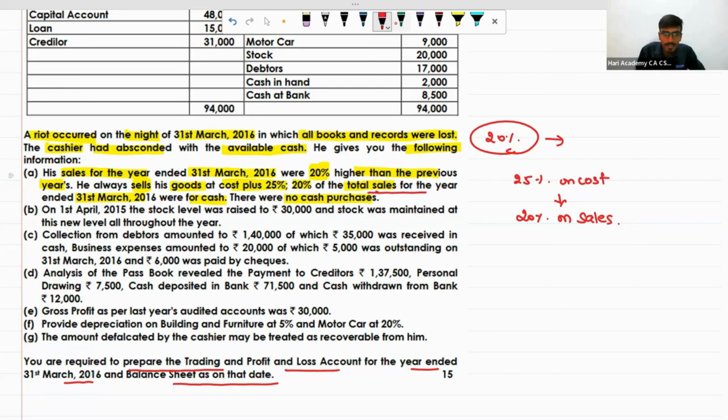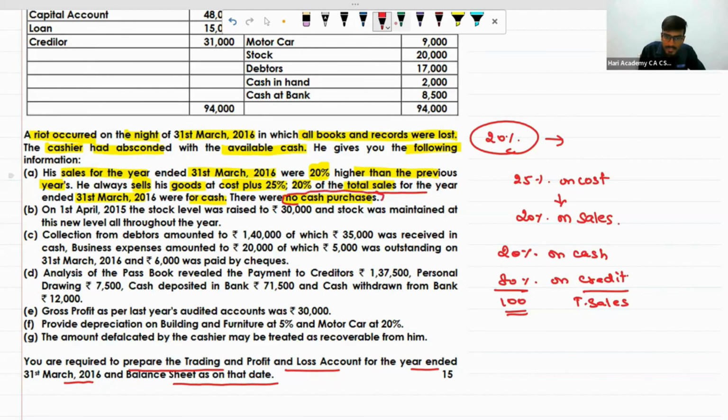20% of the total sales for the year were for cash. So it is nothing but 20% is on cash. How much is on credit? 80% on credit, so that will become entirely 100, the total sales. And they say there are no cash purchases.